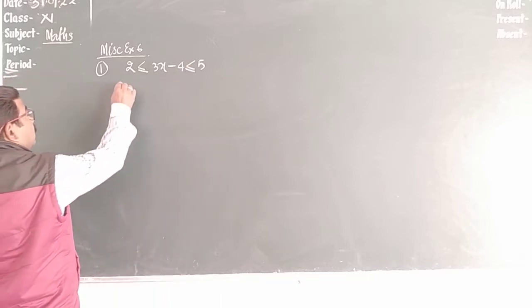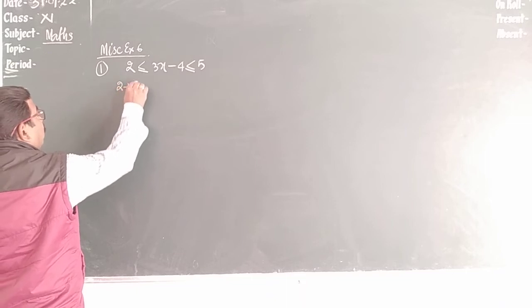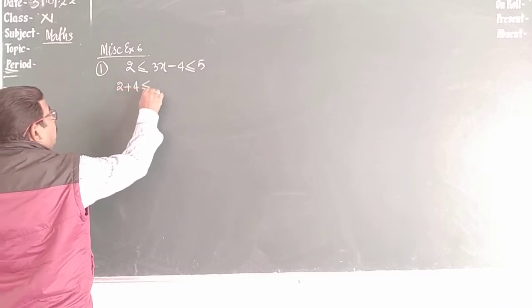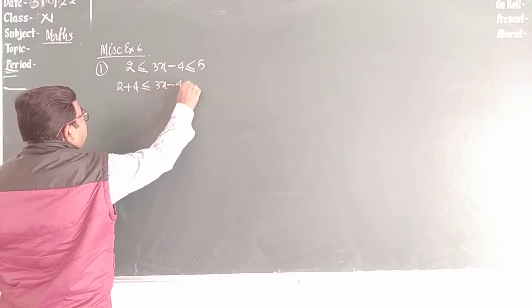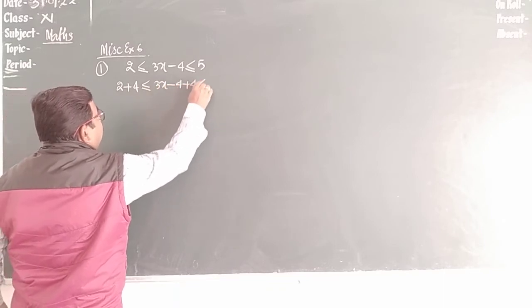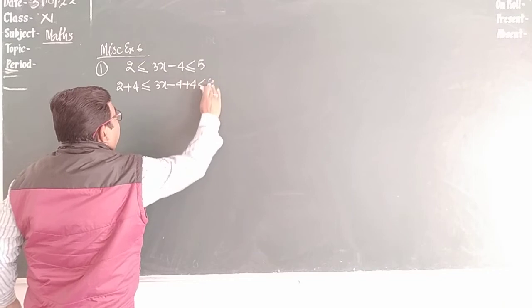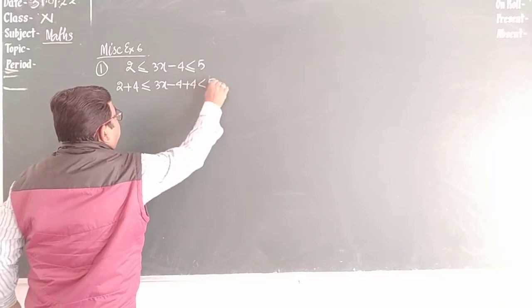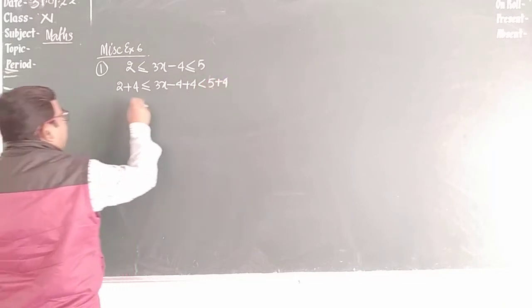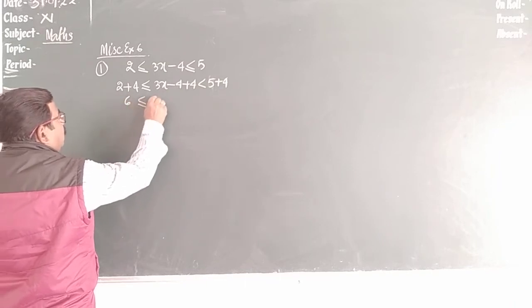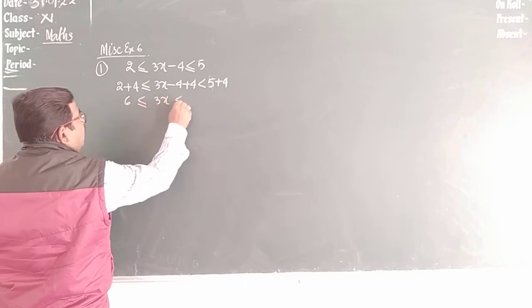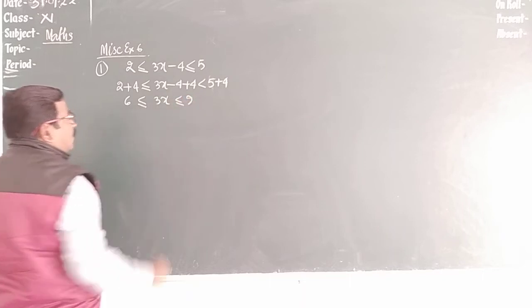Means like this: 2 plus 4 is less than or equal to 3x minus 4 plus 4 is less than or equal to 5 plus 4. So here we have 6 is less than or equal to 3x is less than or equal to 9.